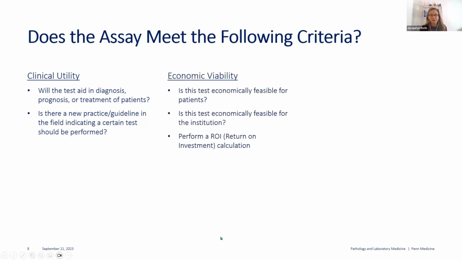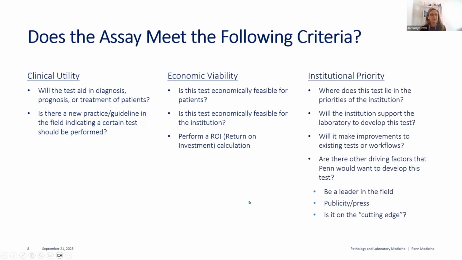We are, of course, a business, as these laboratories are, and we need to make sure that a test would be economically feasible for us as well as the patients. And to do this, you can even perform a return on investment calculation to determine when you could make the costs back for spending the money to bring on the test. And lastly, we look at institutional priority.